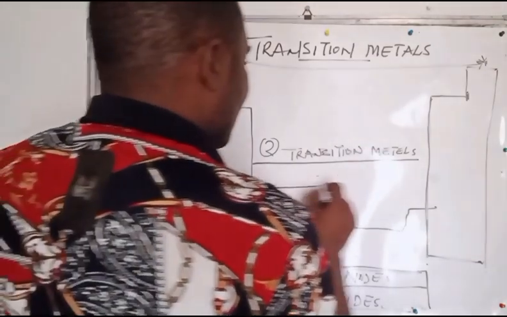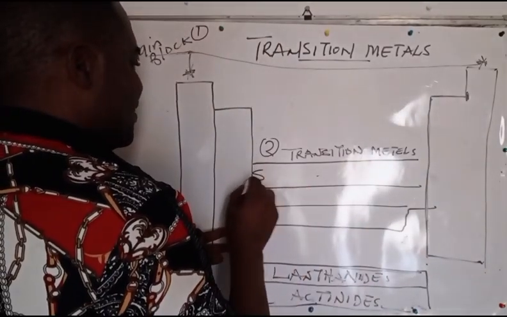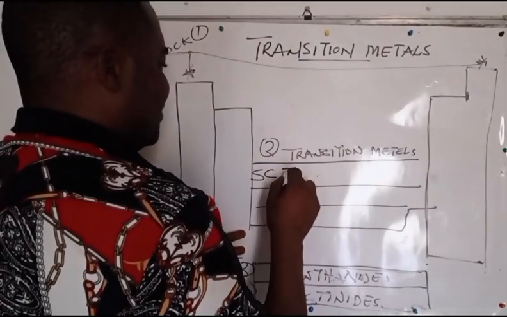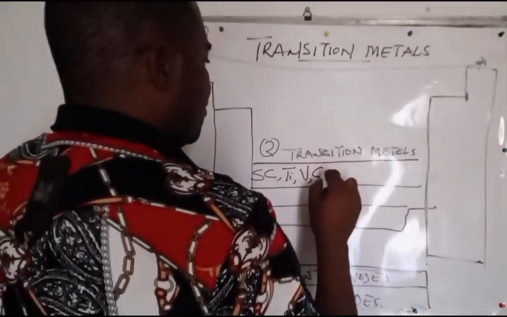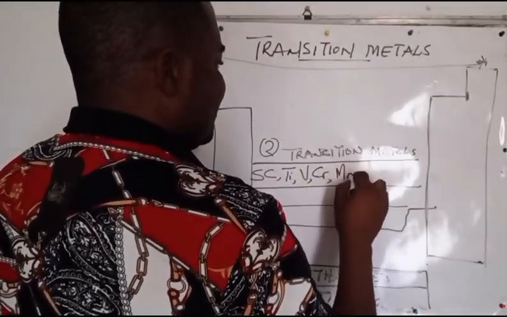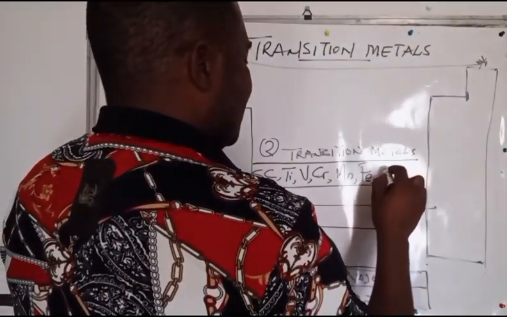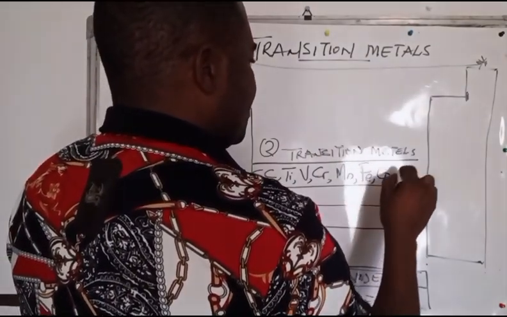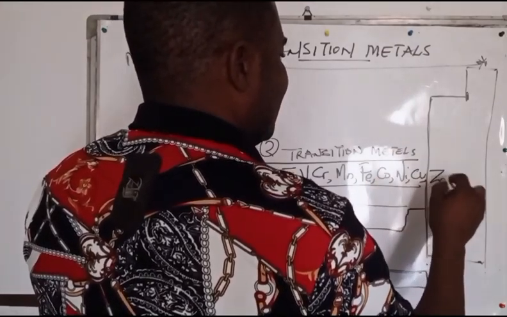And that is why here you have metals like scandium, titanium, vanadium, chromium, manganese, iron, cobalt, nickel, copper, and zinc.